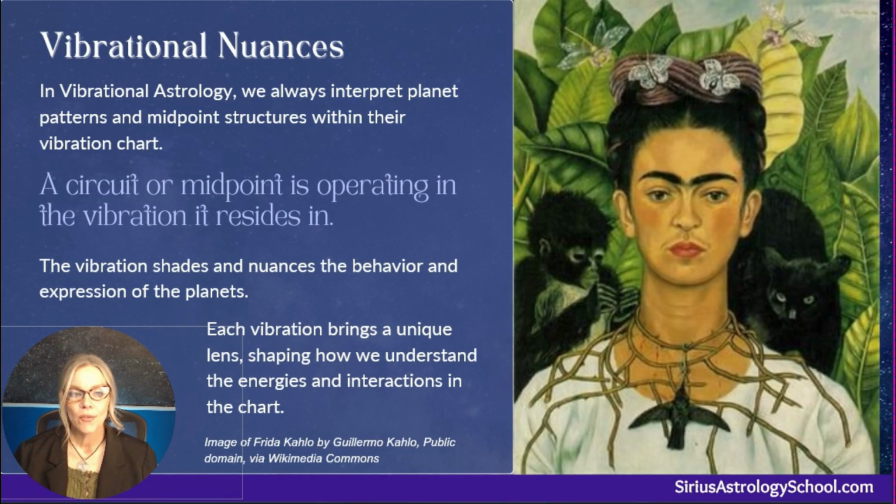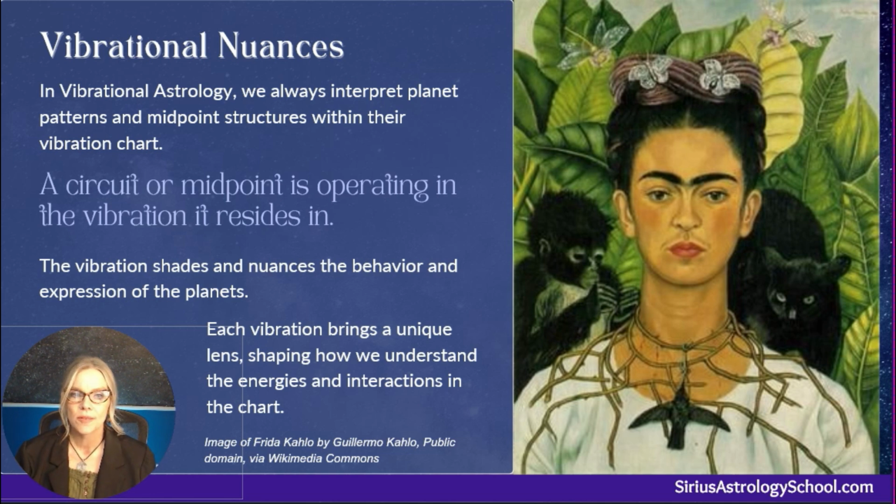Now I want to talk for a moment about vibrational nuances. In vibrational astrology, it's important to remember that we would want to interpret the planet, be it a circuit or a midpoint, in the vibration that it resides in. So we want to make sure that we're using the vibration and explaining the vibration that they show up in, so that they function in that vibration, the planets or the planet circuits or the midpoints.